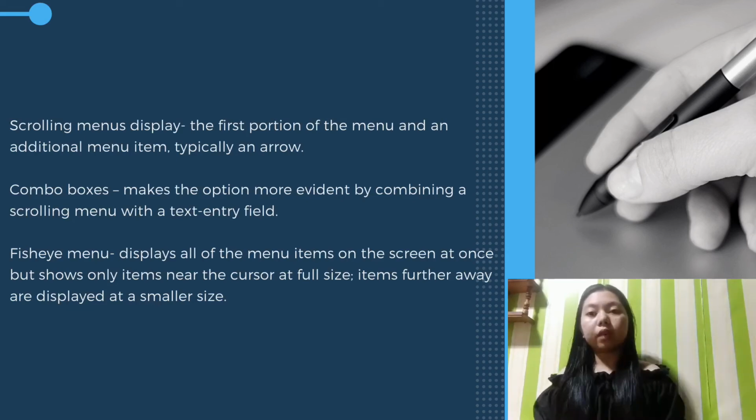When the number of items is such that smaller items become unreadable, fisheye menus have the potential to improve speed over scrolling menus, but hierarchical menus remain faster. Fisheye menus can be an eye-catching option but are not recommended as a default menu style for long lists.